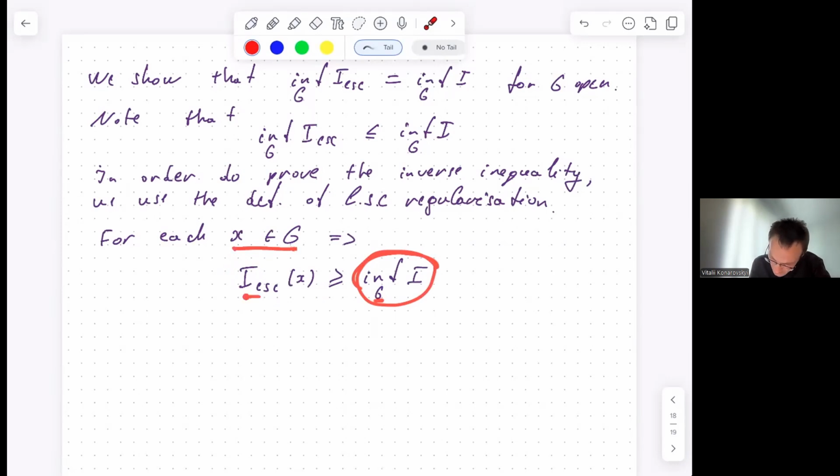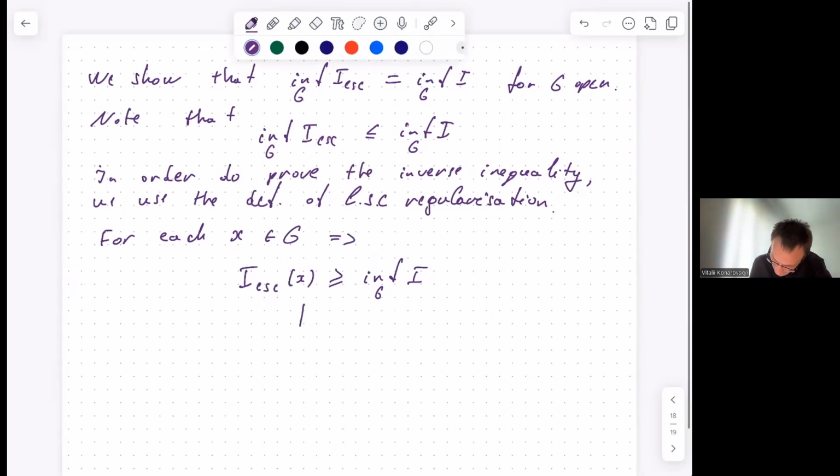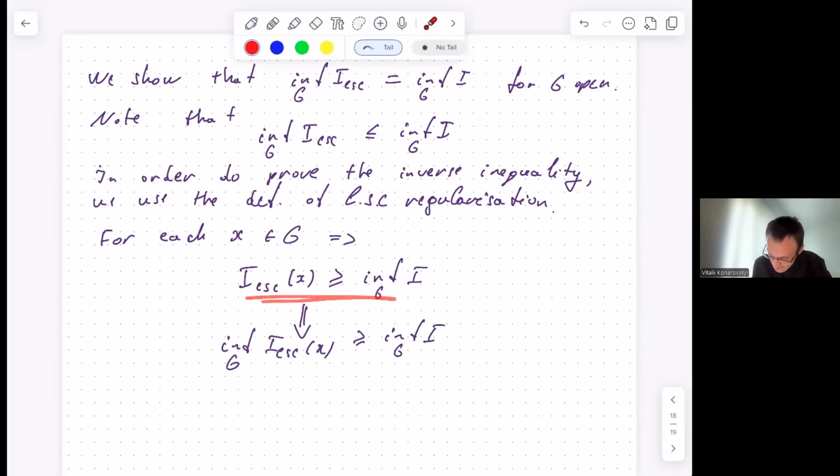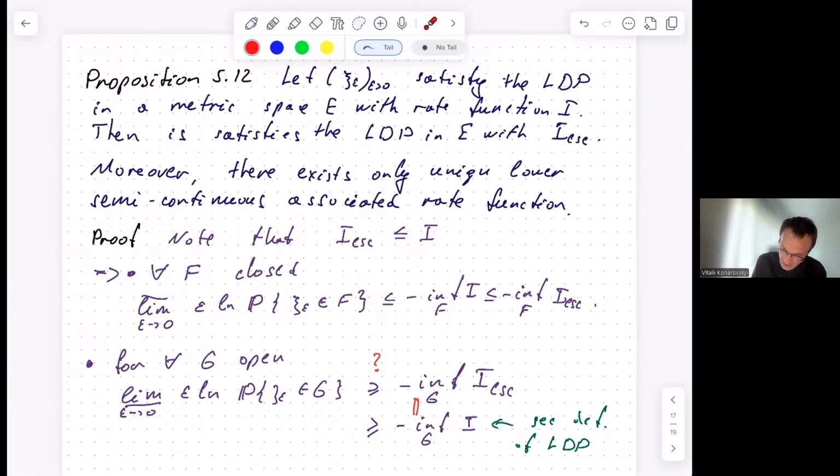So therefore, the supremum must be larger or equal than one particular infimum. And that is for every x from G. So therefore, this implies that also the infimum of I lower semi-continuous of x over G is larger or equal than the infimum of I over G, because that inequality is satisfied for every x from G, so then for the infimum. And this proves the first part of this proposition, that you have also a large deviation principle with the rate function that is the lower semi-continuous regularization.